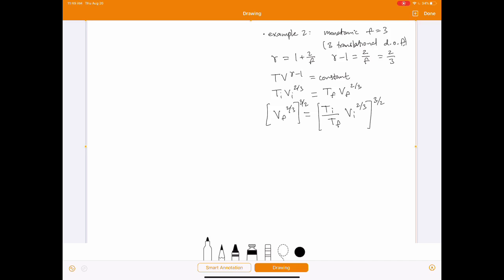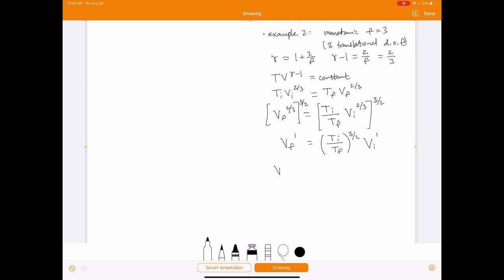So remember how this works. If I have something to the 2/3 power, which then I raise to the 3/2 power, what you effectively are doing is you're multiplying the powers. And 2/3 times 3/2 is just 1. And so on the other side of the equation, we'll have T initial over T final to the 3/2 power. And then V initial, it's the same deal. We'll take 2/3 power times 3/2 power and just get 1.